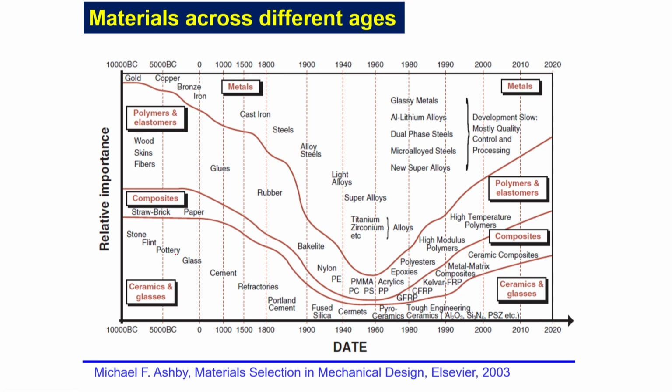Similarly, in the case of ceramics, you have stone, flint, pottery, glass, cement, Portland cement, silicas, tough ceramics, engineering ceramics, alumina, partially stabilized zirconia, etc. And in the case of composites, a great many things came into picture. You can see here glass fiber composite, carbon fiber composite, metal matrix composite, ceramic composites, all came into picture.